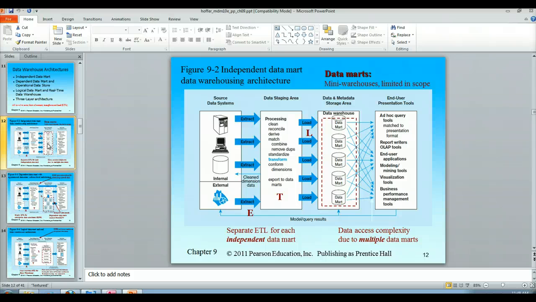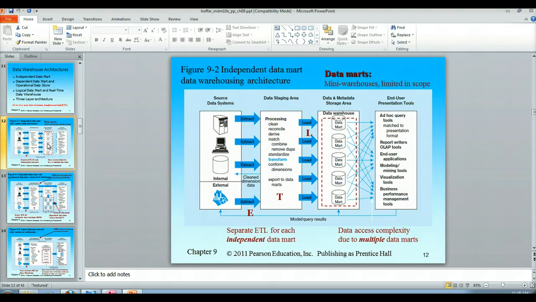Now, various people are going to need access to various information in these various data marts, which is where some of the security happens. So you can see all these arrows between the data warehouse, which consists of all these independent data marts, and your end user presentation tools. Now you've got your end users that need to access this data.